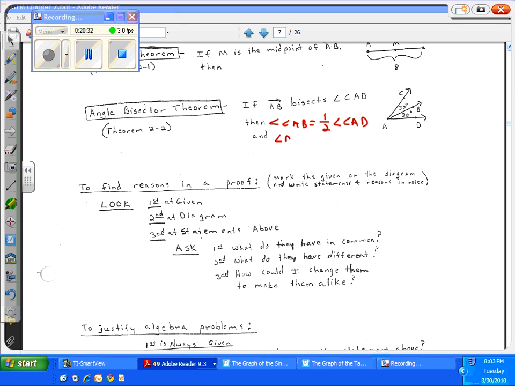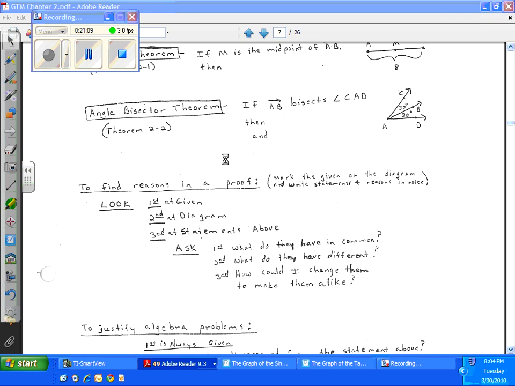And I could also say that the other little angle, angle DAB, is equal to half of the whole big angle, angle CAD. And that is the angle bisector theorem. And again, it could be proved in the same way that we proved the midpoint theorem, just using the definition of an angle bisector and angle addition and substitution, rather than the definition of a midpoint, segment addition and substitution and division. Okay?